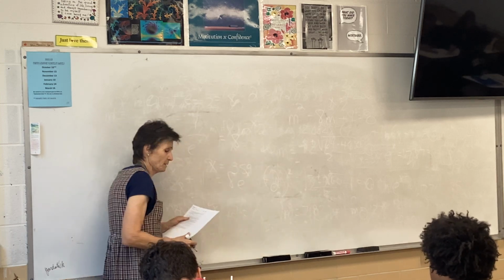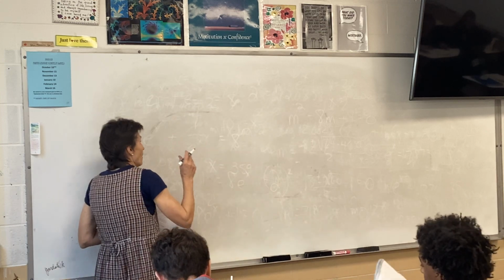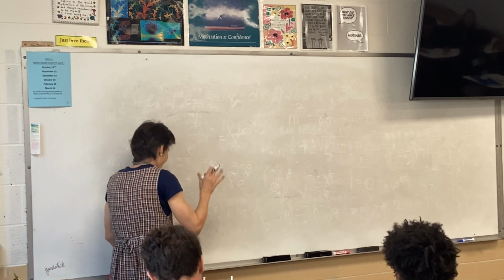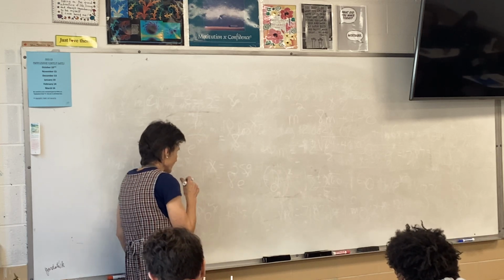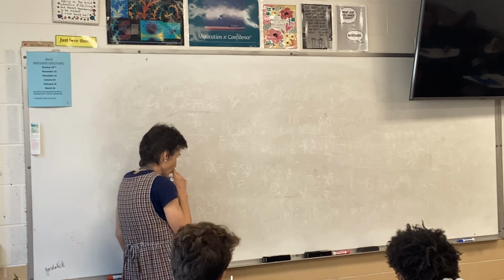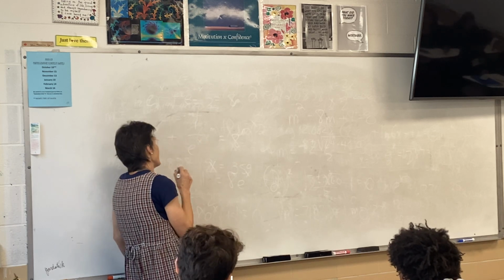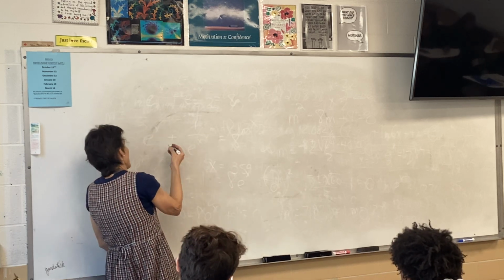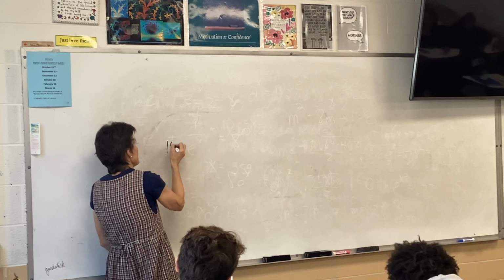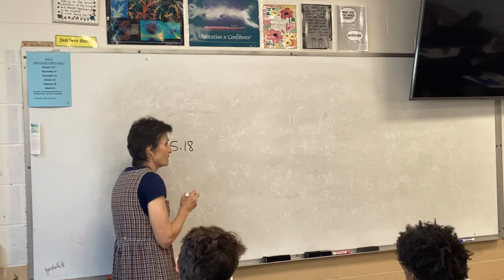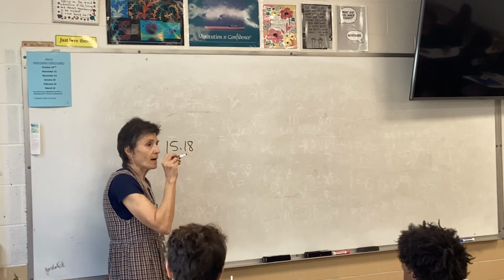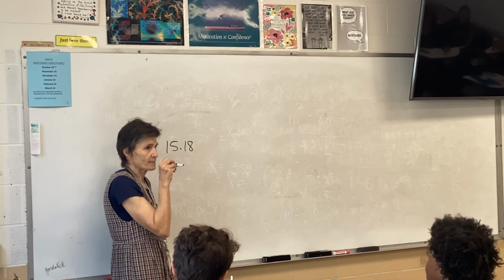So there are a couple of different ways that you can do this, but let's back up a minute. At the very beginning of the chapter, there were some problems like, my textbook cost $15.18. It's going up 7%.